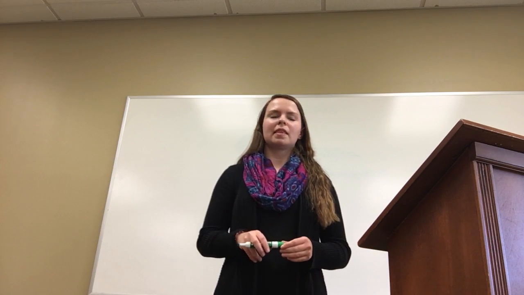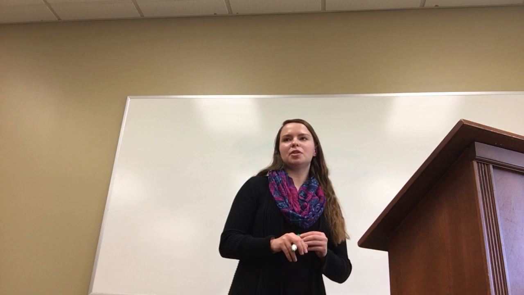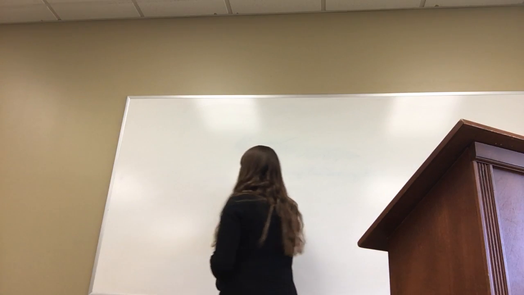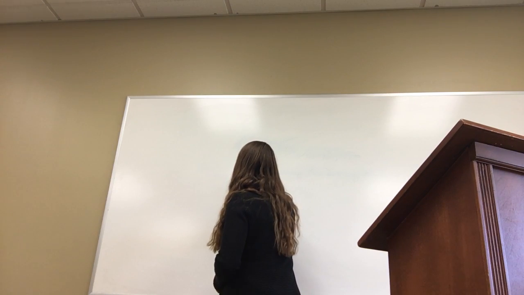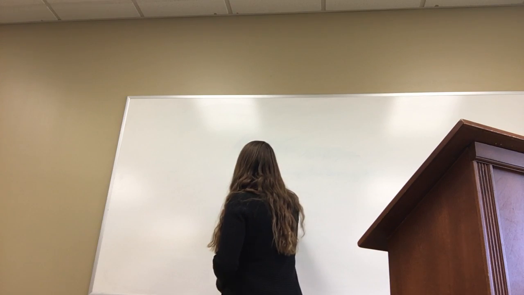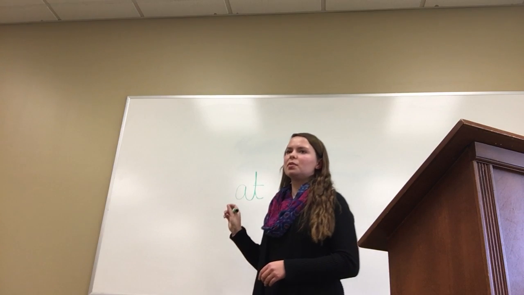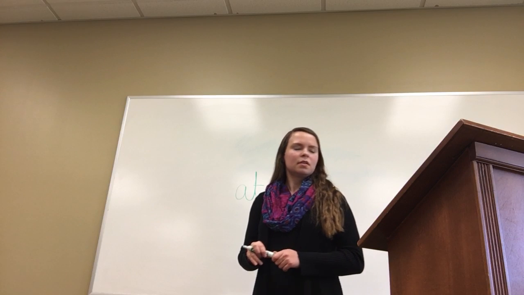At. Very good. Now, I want you to read the word that you've written. At. All right, now can you teach the word to me? At. Very good. Now, how would we decode this word? Do you know? Place a breve above the a.